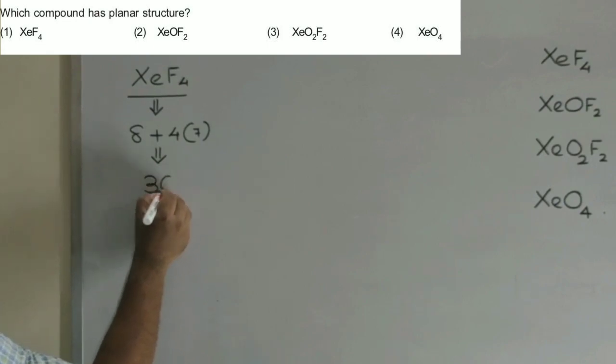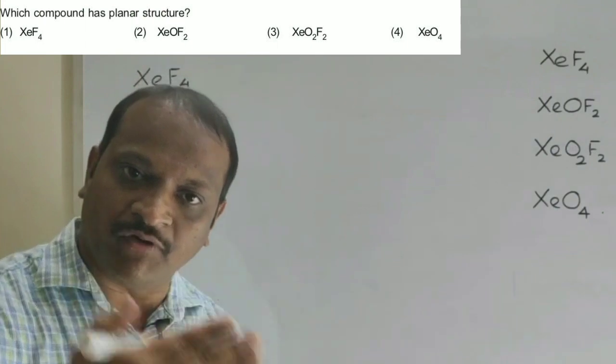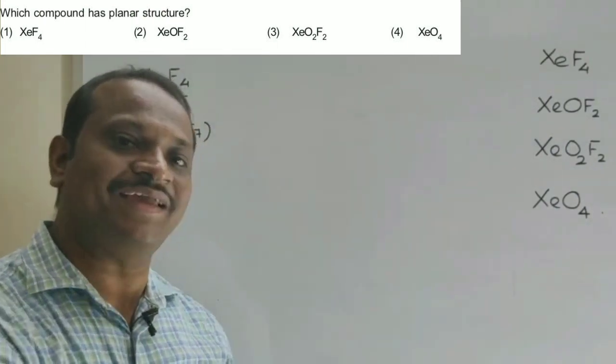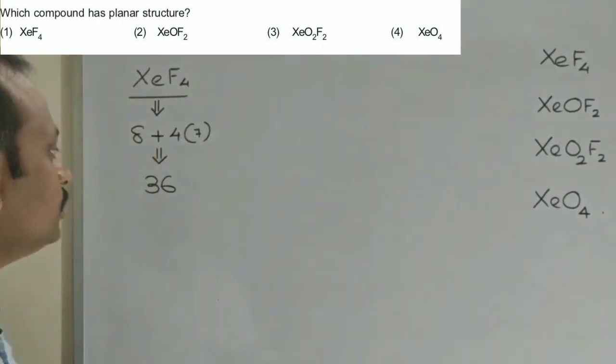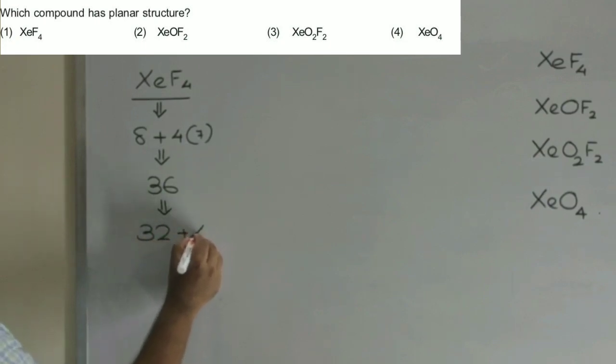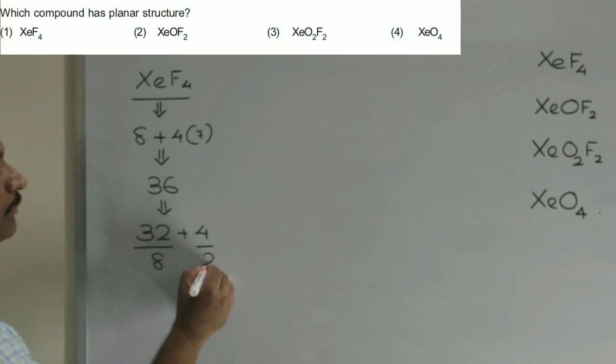And 36 is not a multiple of 8, so you divide or split this number such that the highest multiple of 8 is taken out. So it's 32 plus 4. Divide the first number by 8, the second number by 2.